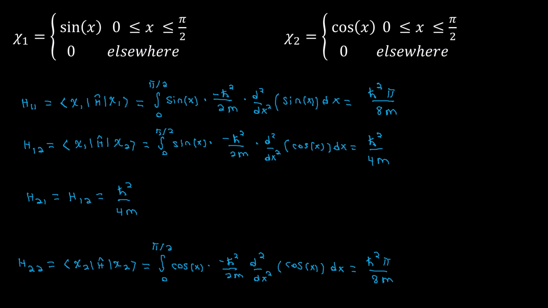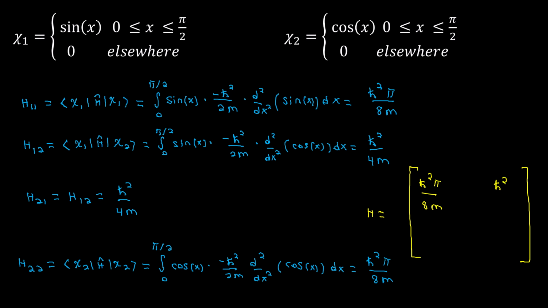So good, now that we have our 4 elements, we now just need to arrange them in a 2x2 matrix. And I'll write our final Hamiltonian matrix here in this nice yellow. So h11 is going to be row 1, column 1. So that's going to be h bar squared pi over 8m. Next, h12 is going to be row 1, column 2.